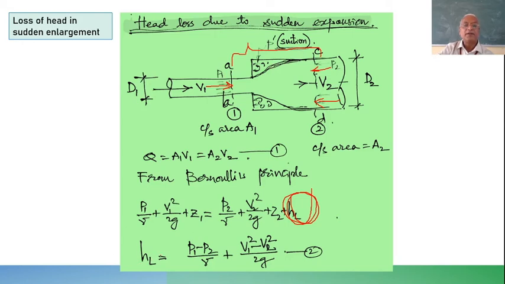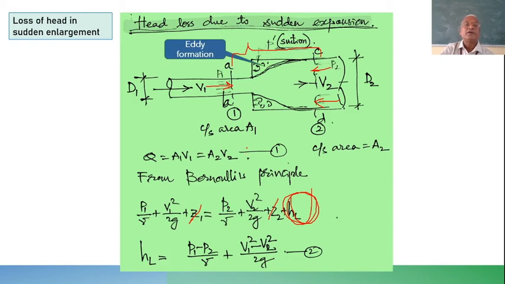Now Z1 and Z2 cancel off because we are considering a horizontal pipe, let's say. Hardly any difference in elevation. Now HL equals P1 minus P2 by gamma plus V1 squared minus V2 squared by 2g. This equation I call 1.